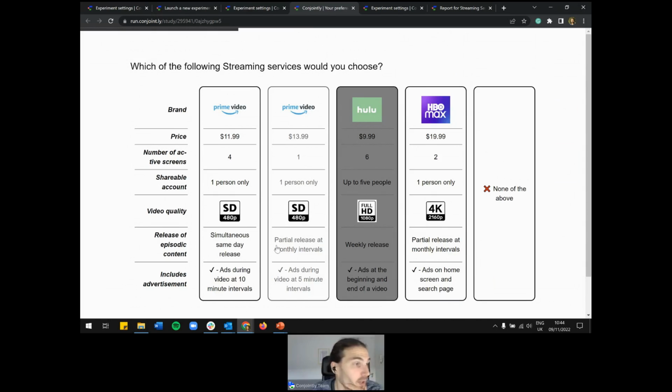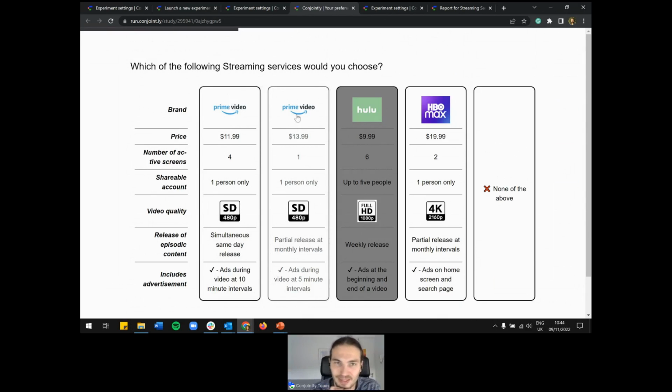Very good question, Marek. Thank you for that. There is a way to make sure that there is only one version of each brand being shown. So in this case, I would not have two options of Prime, but one of the Primes would be switched for Apple Plus or Disney Plus.